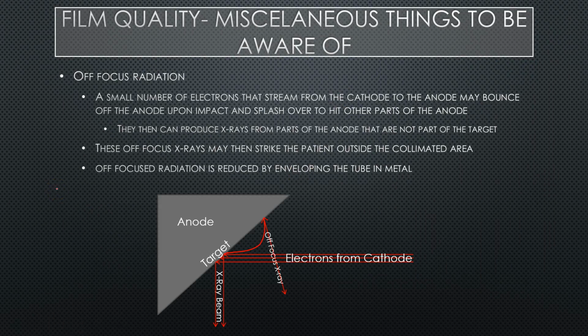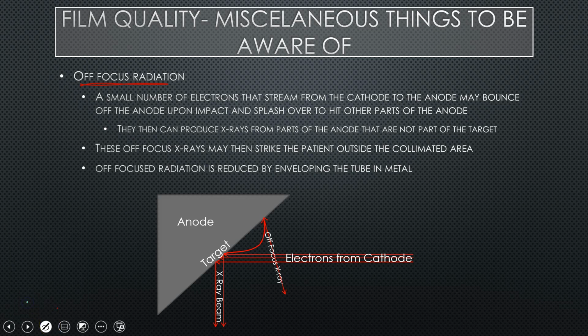Some other things to be aware of: off-focus radiation. So I believe you guys went over a little off-focus radiation back in physics. This is a small number of electrons that stream from the cathode to the anode and may bounce off of the anode upon impact and splash over to hit other parts of the anode.